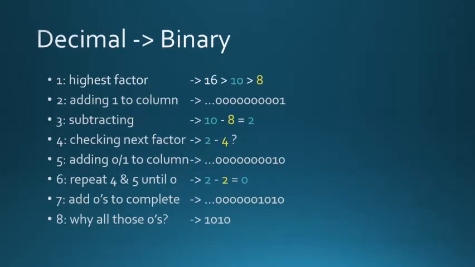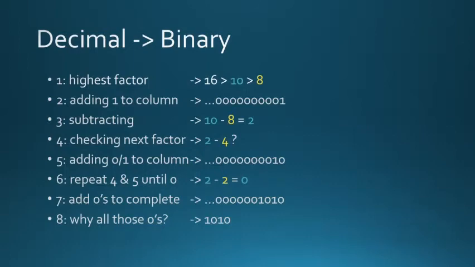Before we get to 16, we will get to 8. 8 is less than 10, so our highest power or factor we can use is 8. And then we will add 1 to our columns from the previous slides. After that, we will subtract our highest factor from 10. In this case, we will get 2.